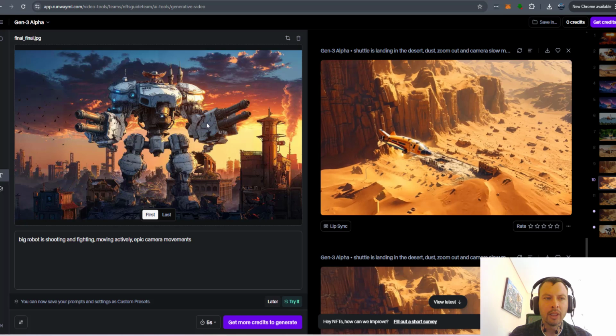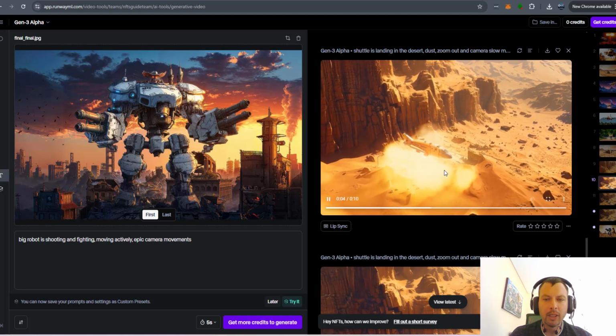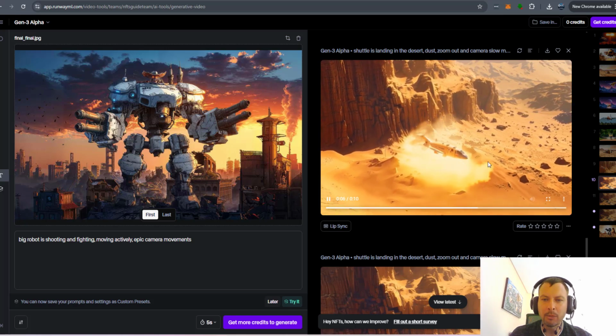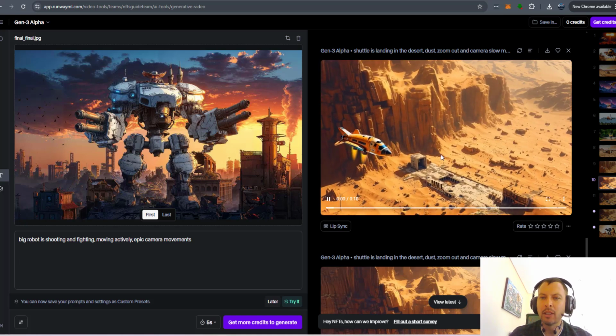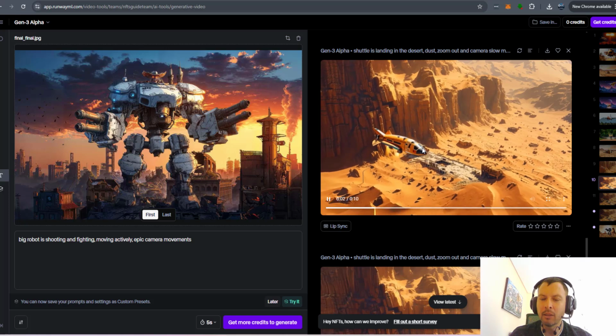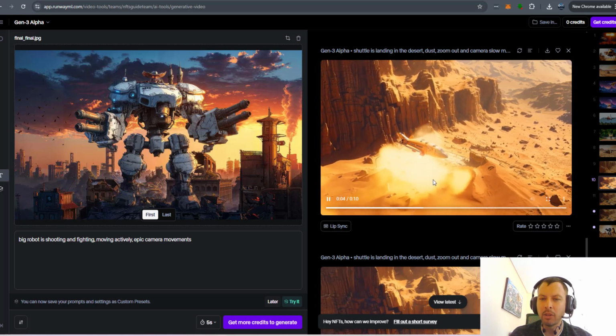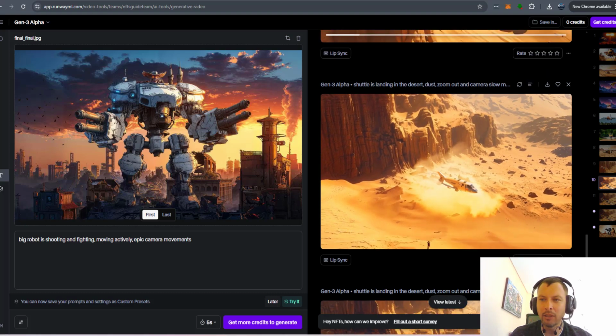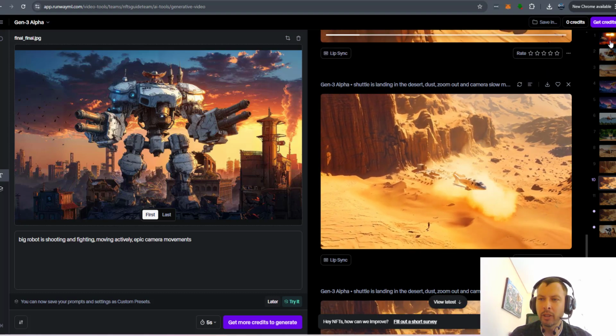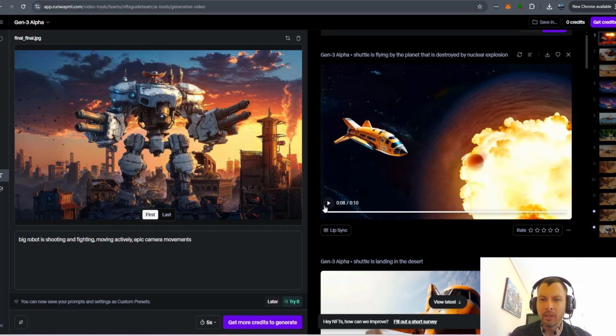Then we have Runway Gen 3, which I find pretty good in some of them, but most generations are just lazy. So if you need some slow movement and barely any camera turning, something like this, very slow, it can handle it. But if you need some action, turning camera, it's not doing anything.